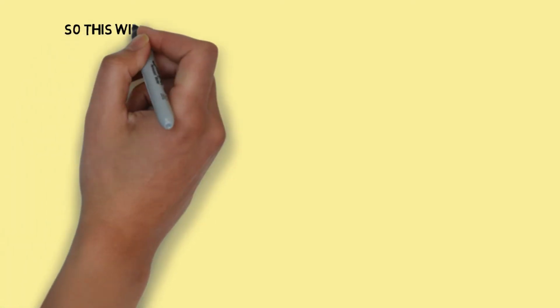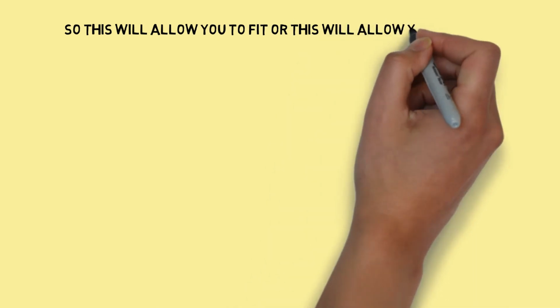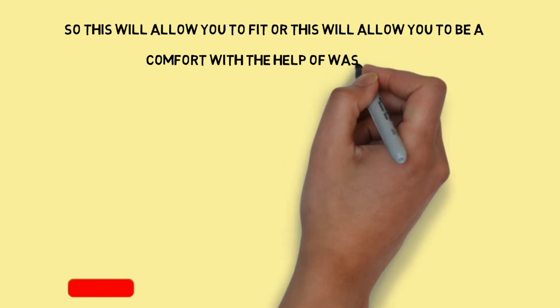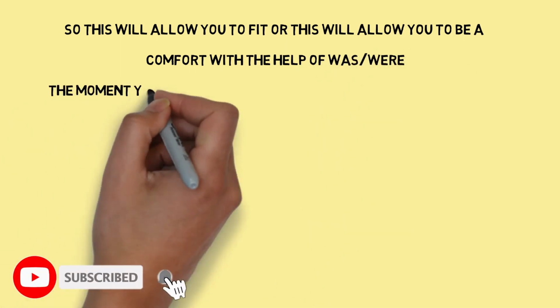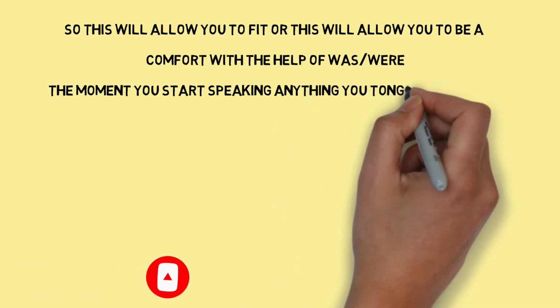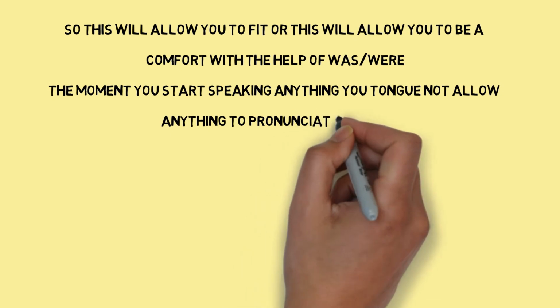So this will allow you to be comfortable with the help of was, were, and the moment you start speaking anything, your tongue will not allow anything to be pronounced wrong.